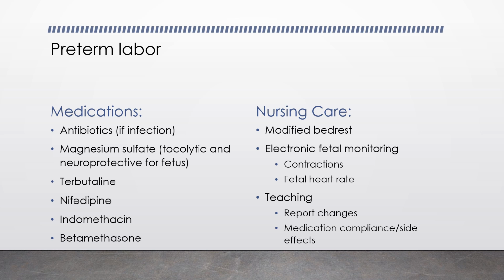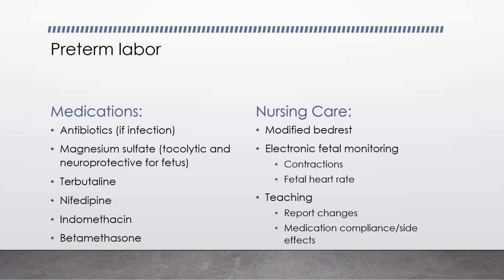Some providers order indomethacin, which is a prostaglandin inhibitor. And if you remember when we talked about induction of labor and cervical ripening, we use prostaglandins. So indomethacin, a prostaglandin inhibitor, is given to pregnant women of less than 32 weeks if they're in preterm labor.